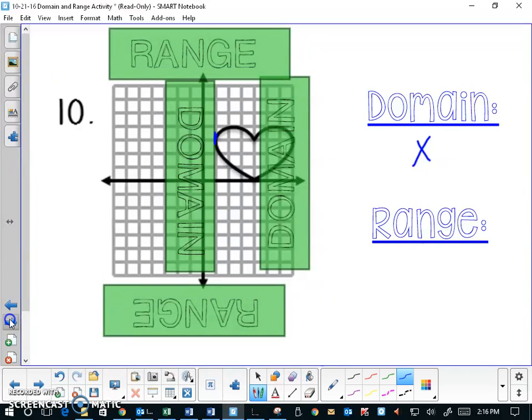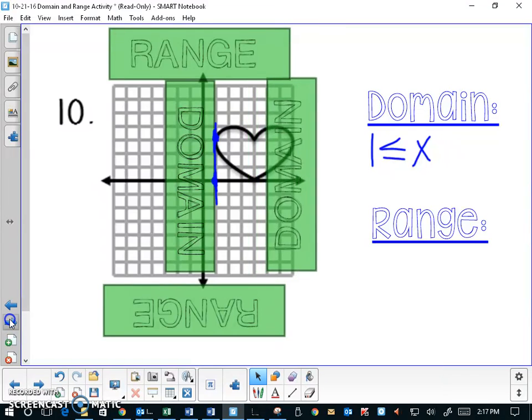So right here is the farthest point to the left of this heart. And if we look down the edge of our paper, what is that X value? That's 1, isn't it? So 1 is the smallest X value. And since that's actually a point on the graph, we're going to put less than or equal to X. And then now let's look at the right one.